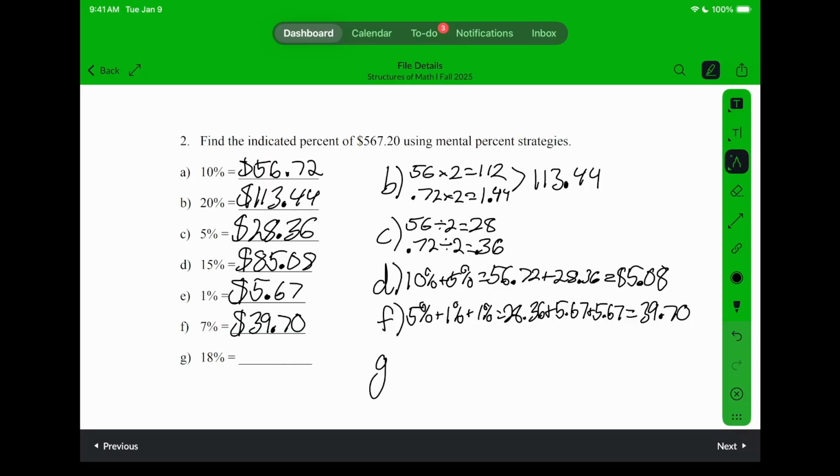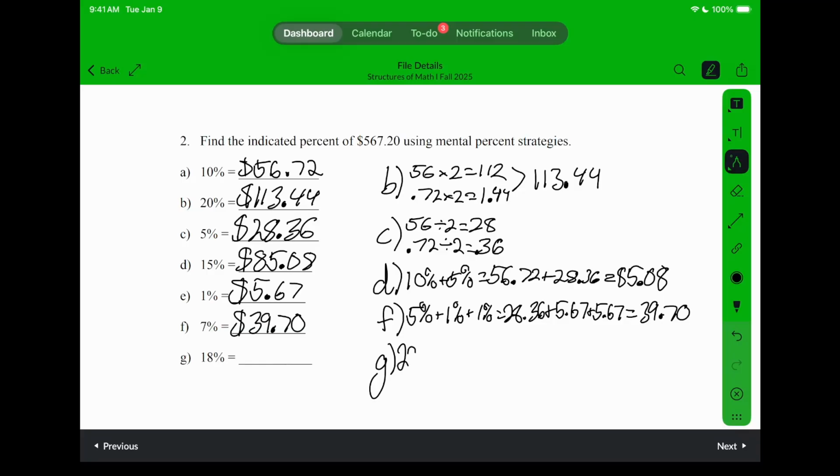And then finally, 18%. Again, multiple different routes you can take. I'm going to take the one that involves less numbers. You could do 15 plus 1 plus 1 plus 1, percentage wise.